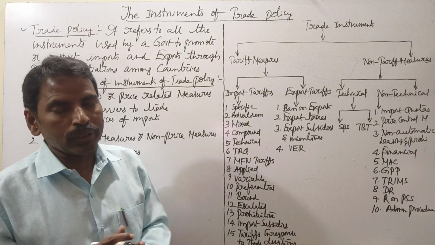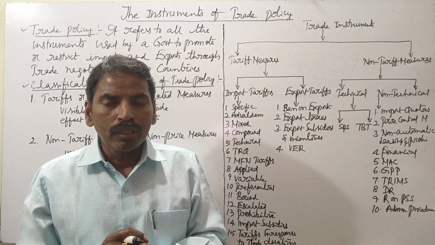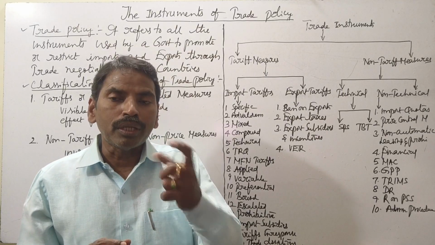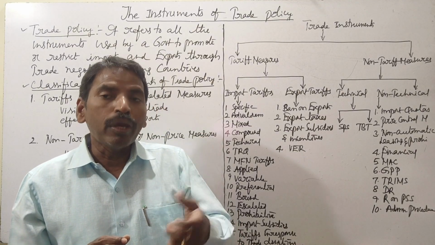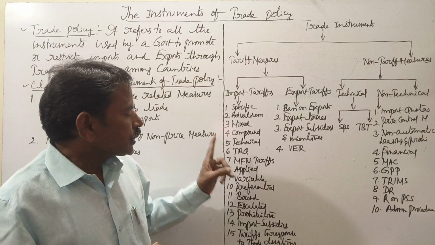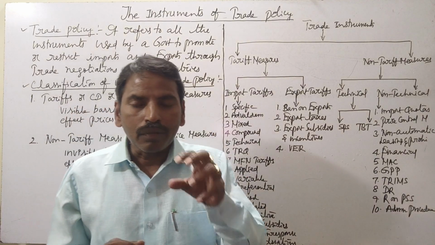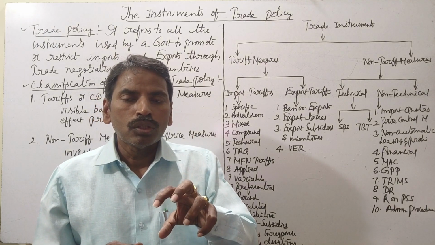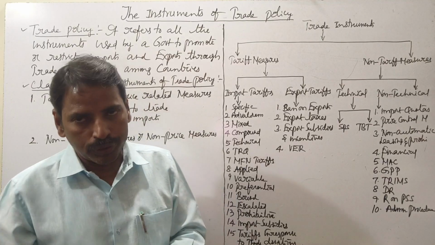A quota means a government imposed limit on the quantity or value of goods. That is called tariff rate quotas. A government imposed limit on the quantity of goods or value of goods is called a quota.